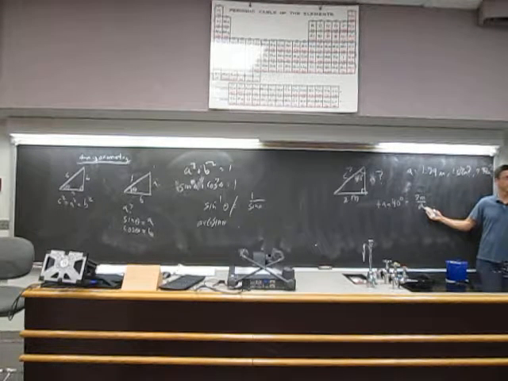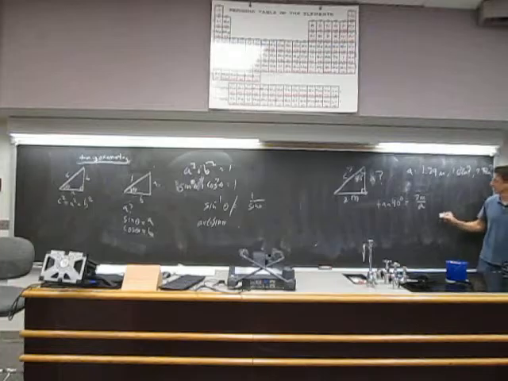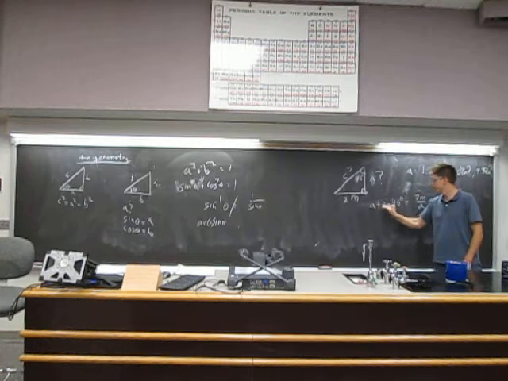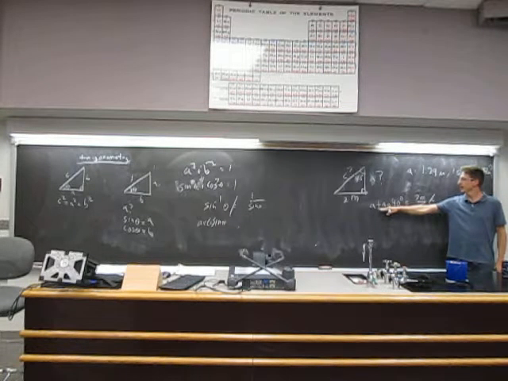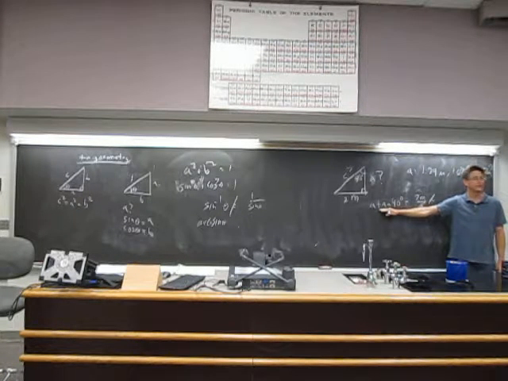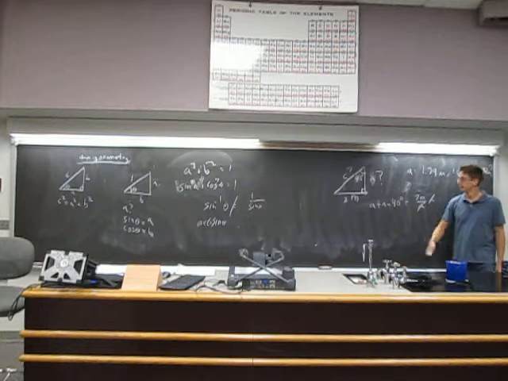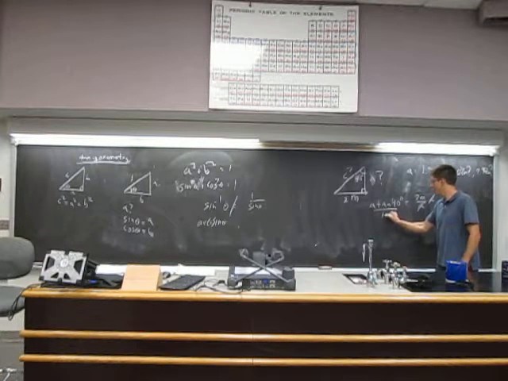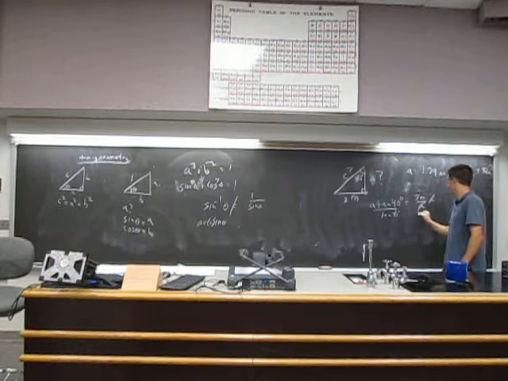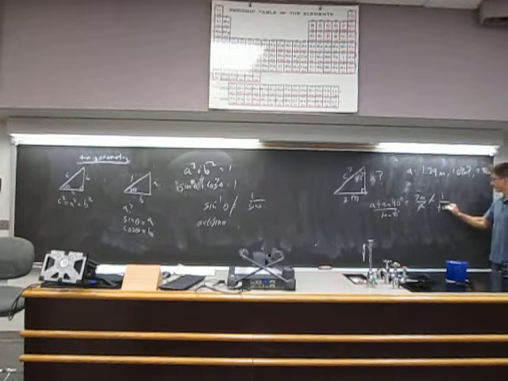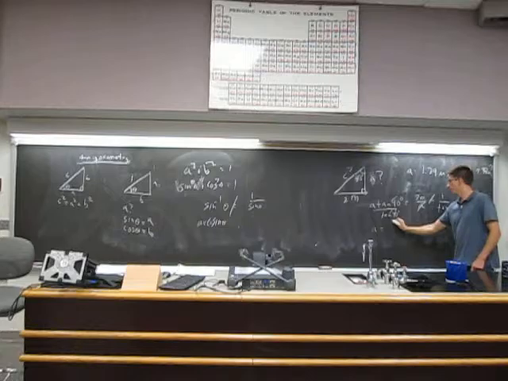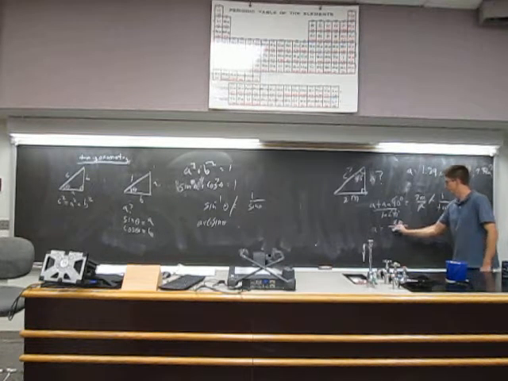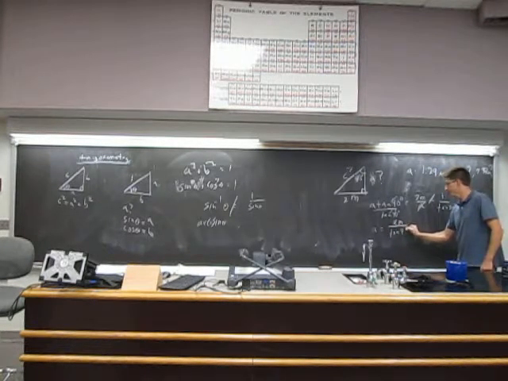First I'm going to multiply both sides by A. This doesn't get me what A is yet, but if I divide both sides by the tangent of 40 degrees, I will get A by itself. And so I'd get that A would be equal to 2 meters over tangent of 40 degrees.